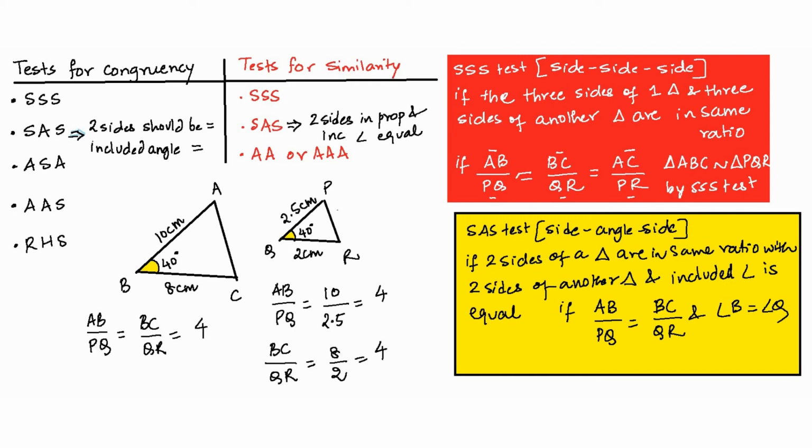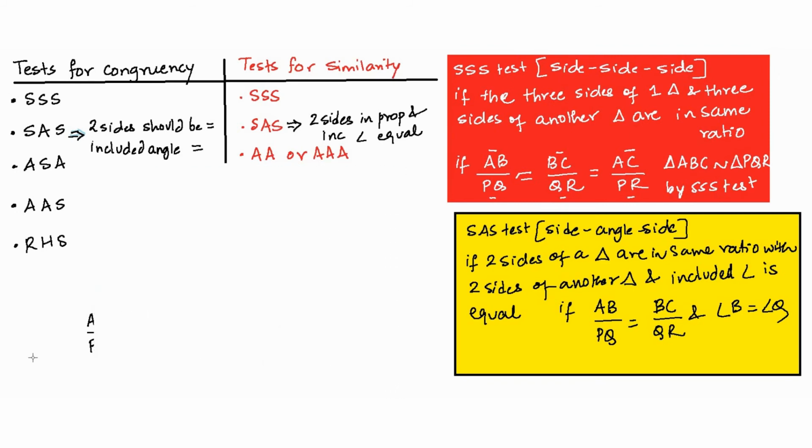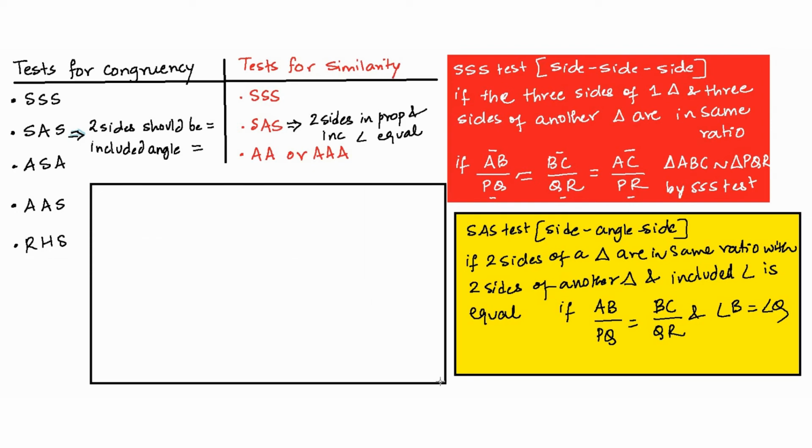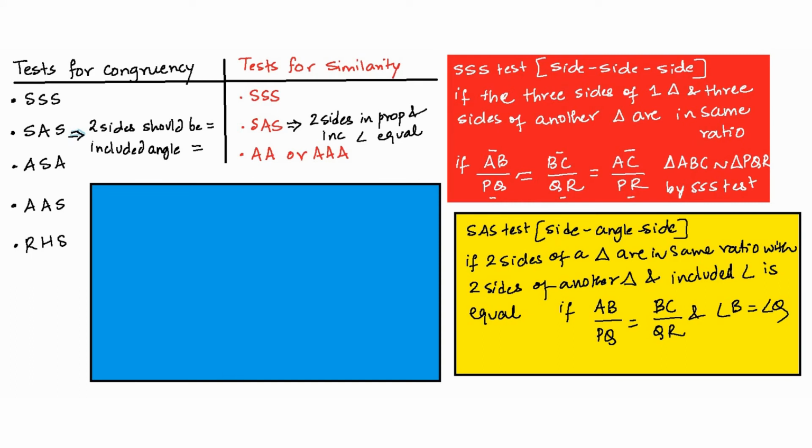Okay, let us now go to the AA test. The AA test is the simplest of all tests. The angle test is sometimes also called the AAA test. Now I will tell you why both the tests are the same. If two angles of two triangles are equal, then the third angle automatically has to be equal, right?